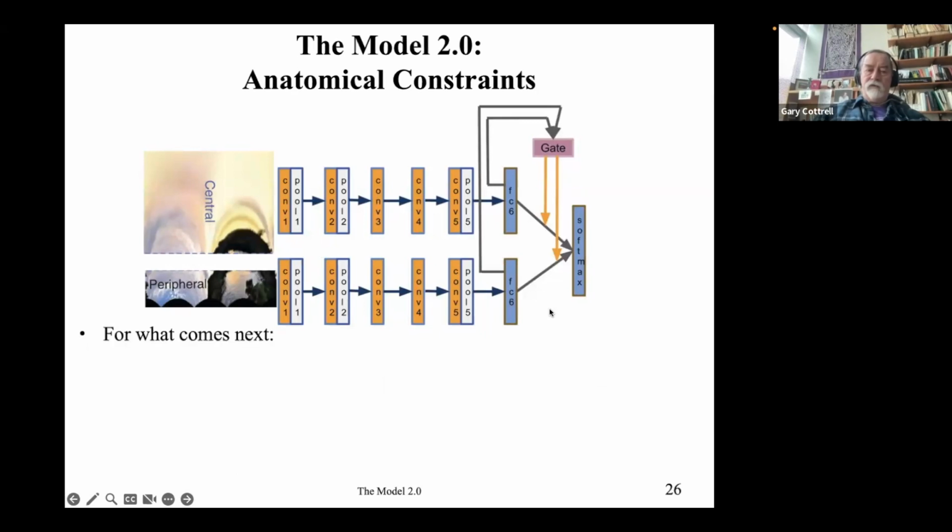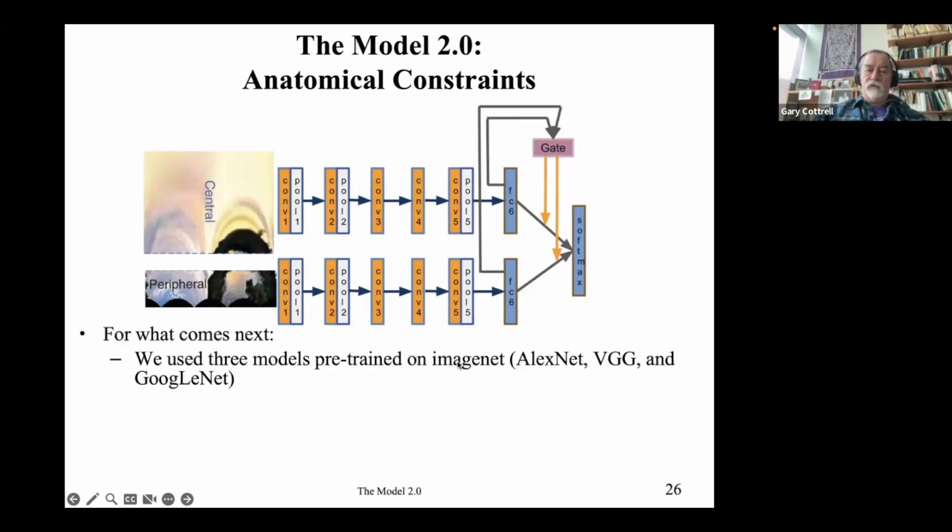So for what comes next, we're going to use three models here. I'm going to give some results of this model. We're going to use AlexNet, or VGG, or GoogLeNet, in honor of Yann LeCun.